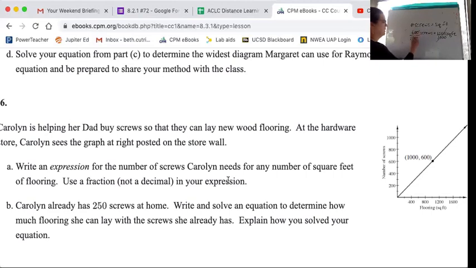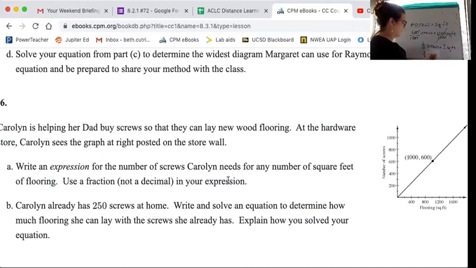Now I have 6/10. Does it say do it as a fraction or a decimal? Use a fraction, not a decimal. 6/10 screws for every square foot. And hopefully you see that you can actually reduce 6/10. This is the same answer.